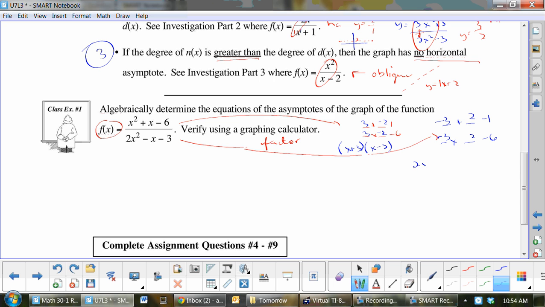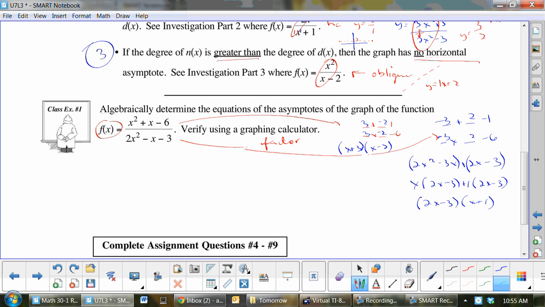So it is 2x squared minus 3x plus 2x minus 3. Put a set of brackets here. Can I take out just an x, leaving me with 2x minus 3. Here I can take out a 1, leaving me with 2x minus 3. So this factors to 2x minus 3 times x plus 1.